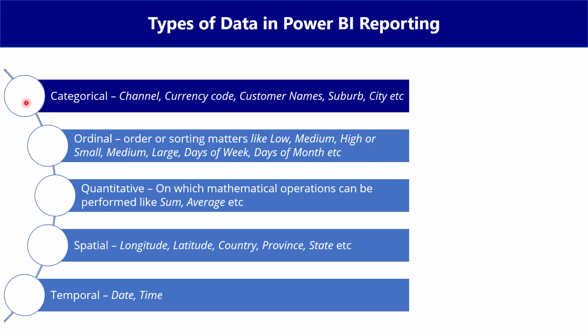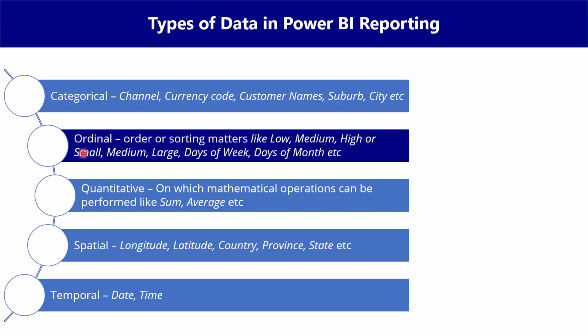The first type is categorical. The categorical type includes names, channels, currency codes, names of the customer, suburb, city, anything which represents a category. The next one is ordinal.